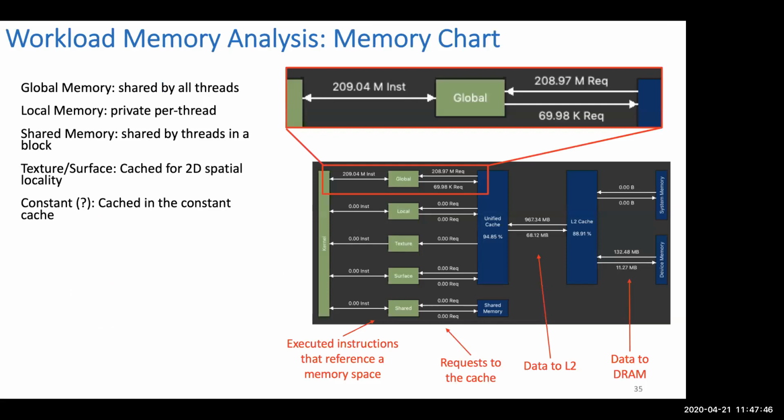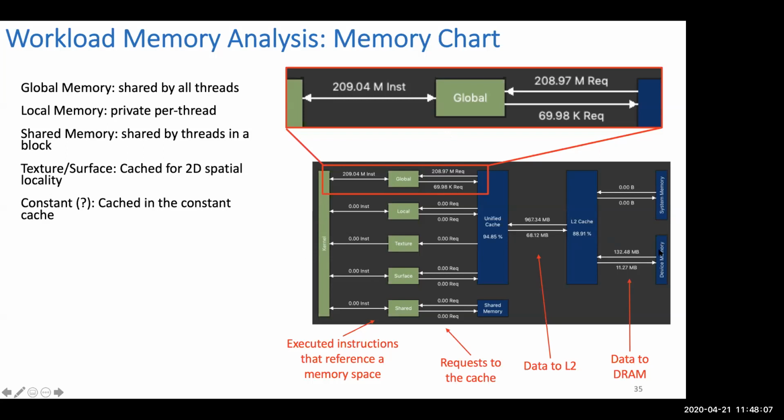The next thing is the memory analysis chart. This is basically a diagram of what is generating memory traffic on the GPU. I zoomed in on just part of it so you could see a little better what was going on. On the left-hand side, we have a green box representing the kernel.